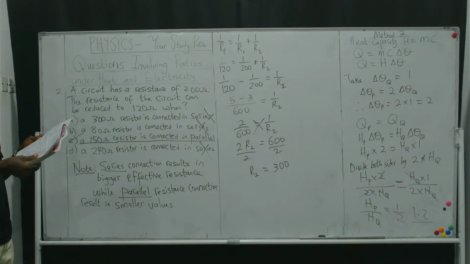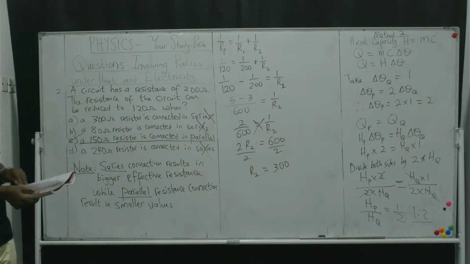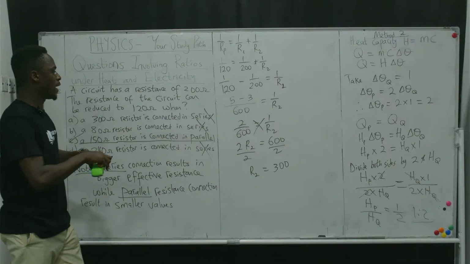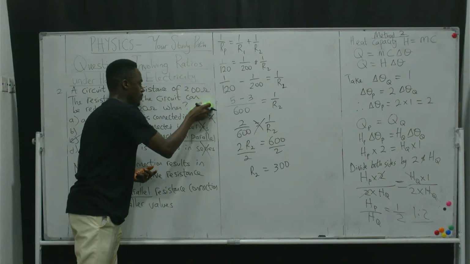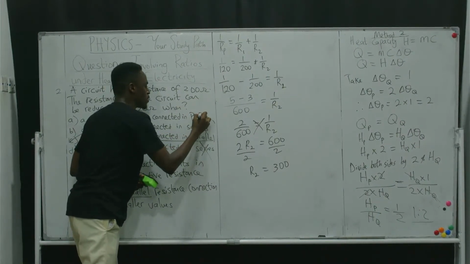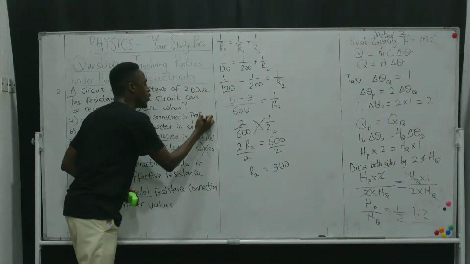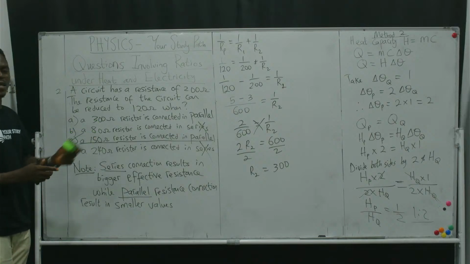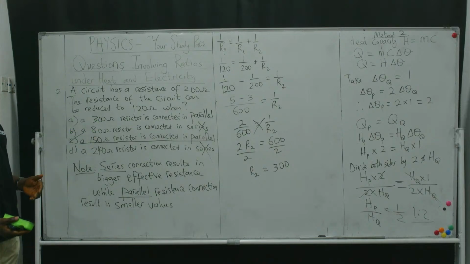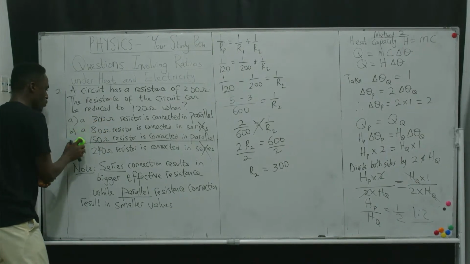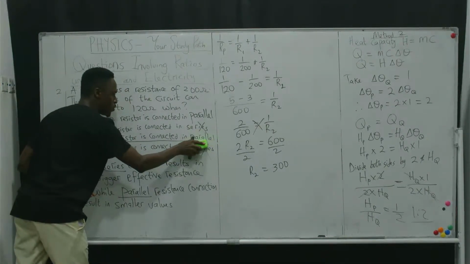Because based on what we have here, instead of the answer being series, this guy is actually parallel. The option provided indicated that, based on what was solved at the back, what we have in front is showing the option as being series. But whereas the option actually solved at the back had the answer being in parallel. So you can see that this would not be the answer. 150 here would not be the answer based on what we just calculated.